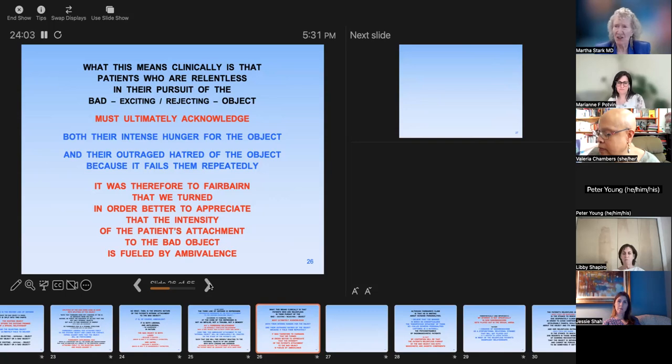And others are just hating, but not acknowledging and not in touch with their yearning and longing. Ultimately, they need to acknowledge both sides, both and. So concluding here, it was therefore to Fairbairn that we turned in order better to appreciate that the intensity of the patient's attachment to the bad object is fueled by ambivalence.